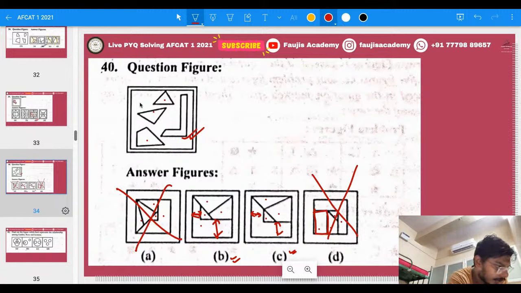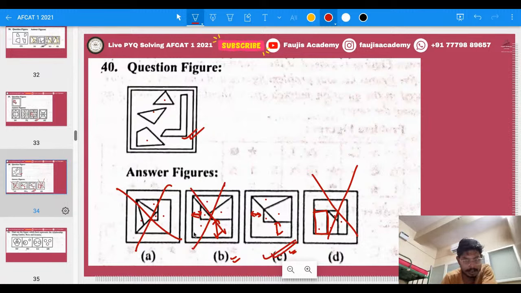Question number 40, which one will we go ahead with? B or C, guys? Question number 40, we will go ahead with C and not B. You have to correct it, Devanathan.